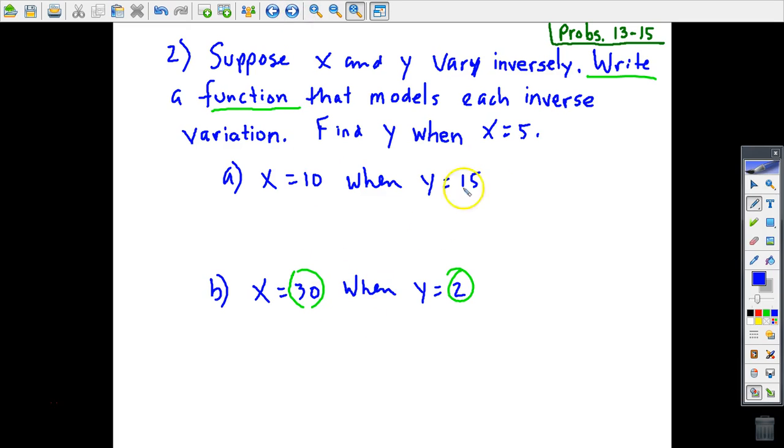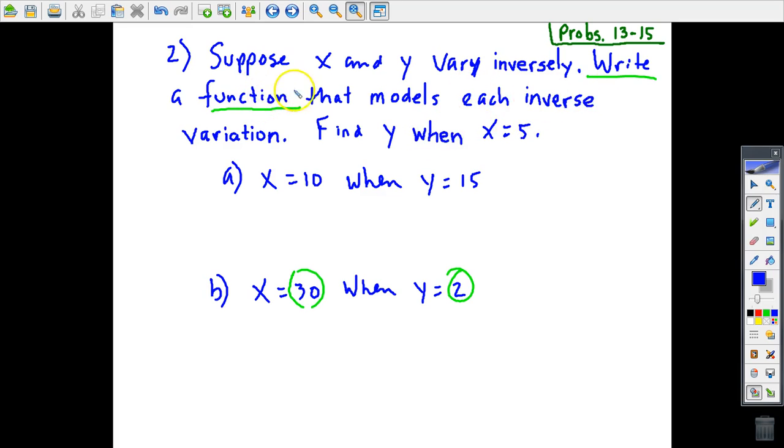Okay, I'm jumping around just a little bit, but this will help you with 3 of the problems for the homework, 13, 14, and 15. Once again, the book tells us that x and y are in an inverse relationship. They vary inversely. So these problems are going to involve 2 answers.